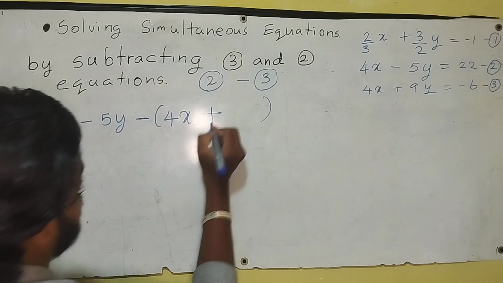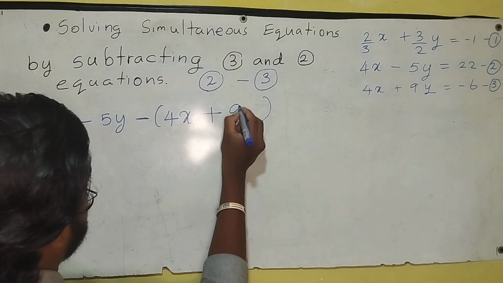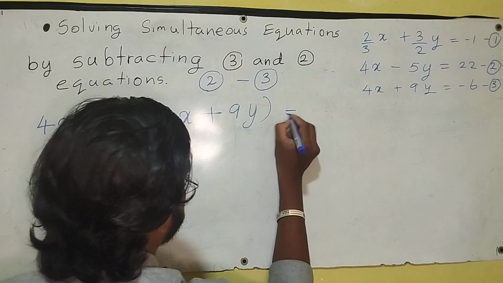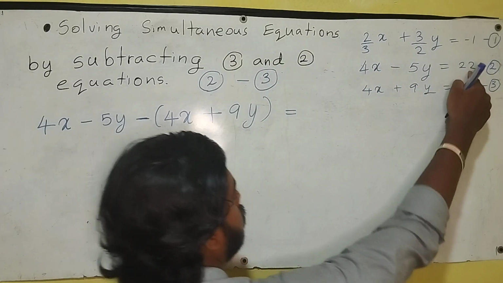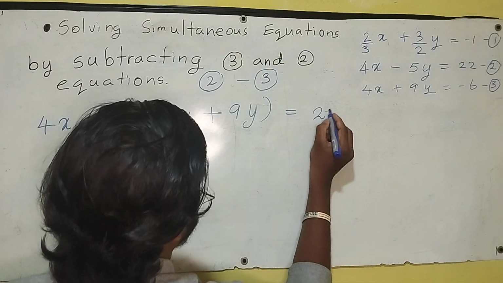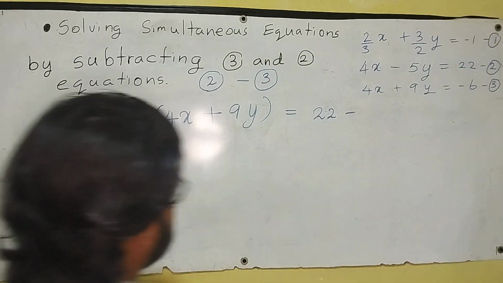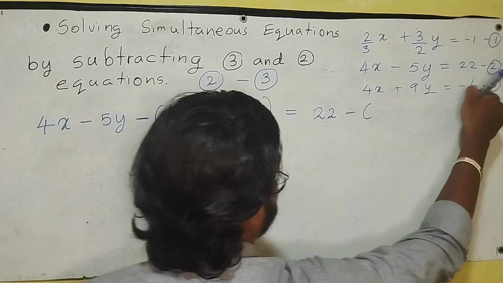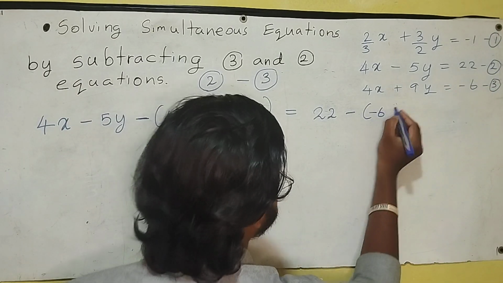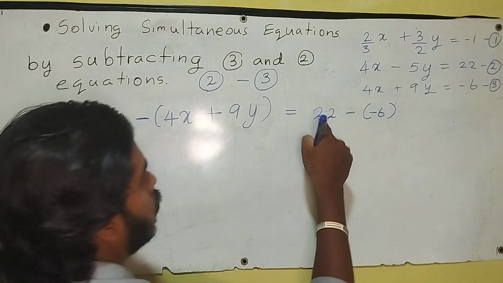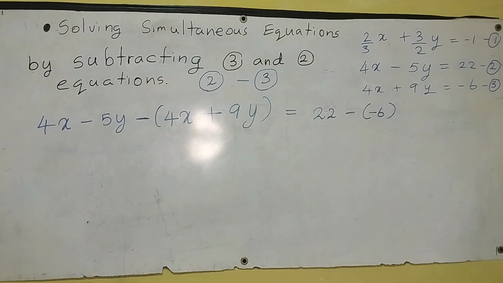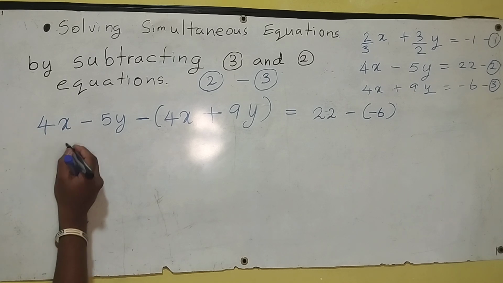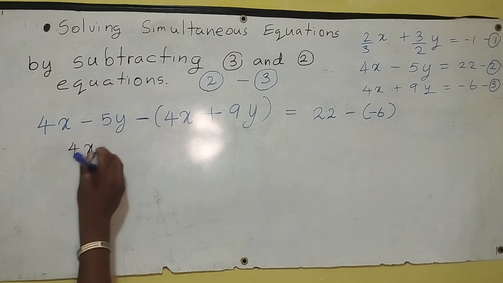4x plus 9y, equal to: second equation 22 minus 6. 22 minus 6. Okay, now we can obtain this.